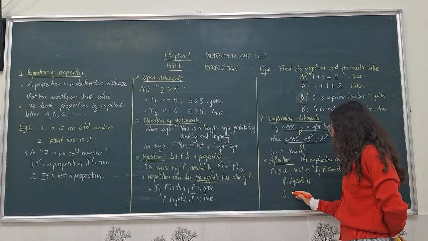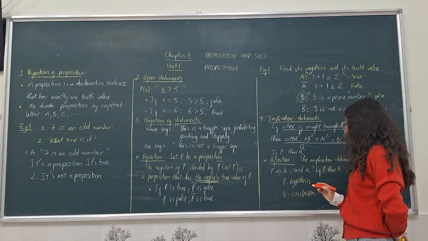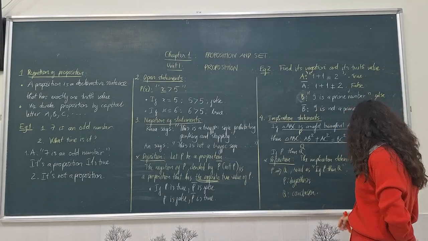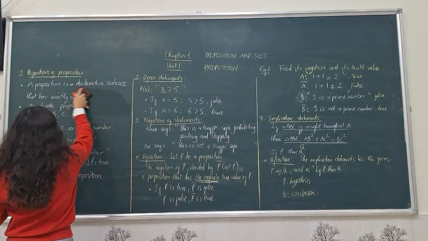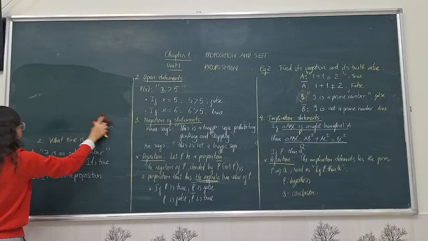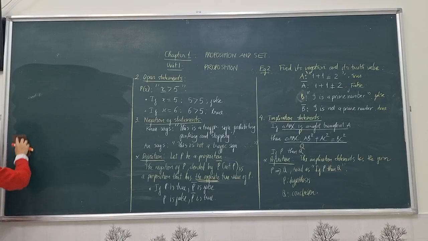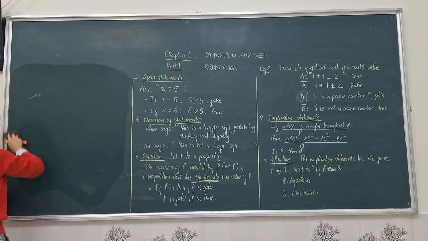Q is called the conclusion. Now, let's do some examples. We can write some examples in the form of an implication statement in your notebook, right?